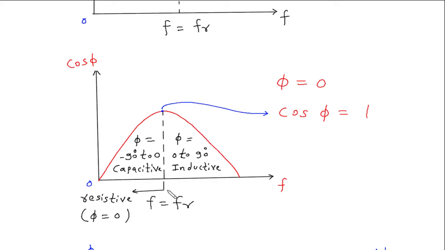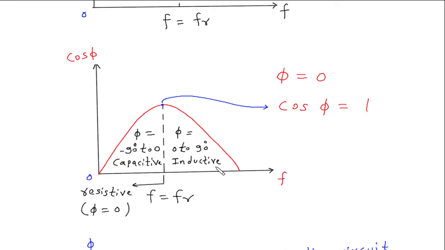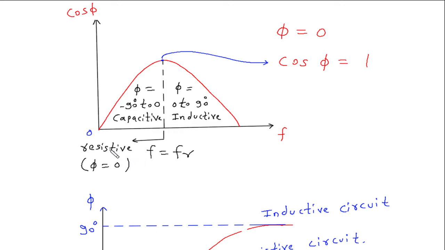And at this unity power factor this will be resistive. And here the angle phi will be between minus 90 degrees to 0 degrees. And here for inductive the angle phi will be from 0 to 90 degrees. And for resistive phi is equal to 0.